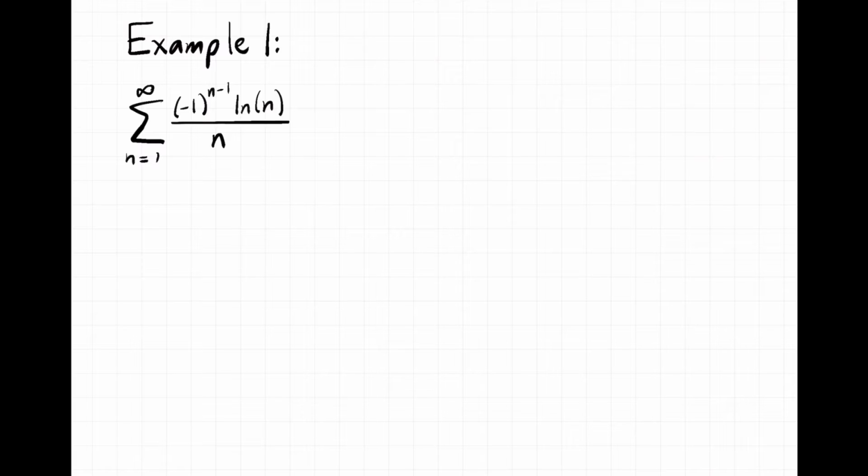Here's an example. The sum as n goes from 1 to infinity of (-1)^(n-1) times the natural log of n over n. So let's write out the first few terms so we understand this. Our n starts at 1, so we have (-1)^(1-1), which is (-1)^0. That's positive. And we're going to have the natural log of 1 over 1. Next, n becomes 2.